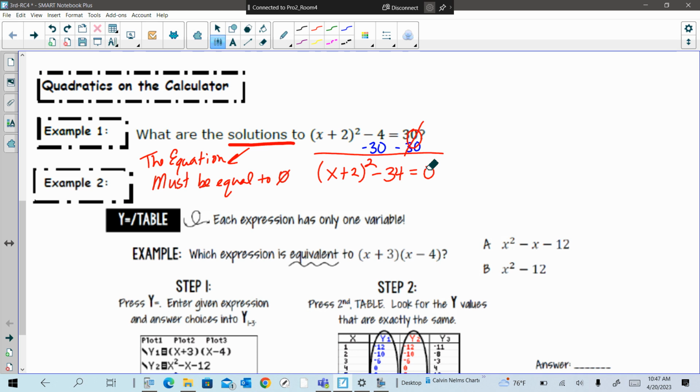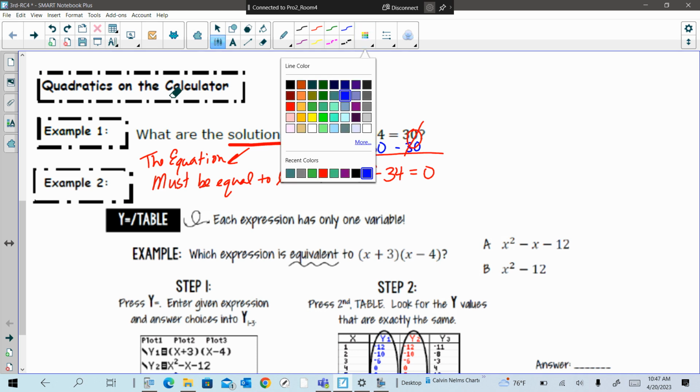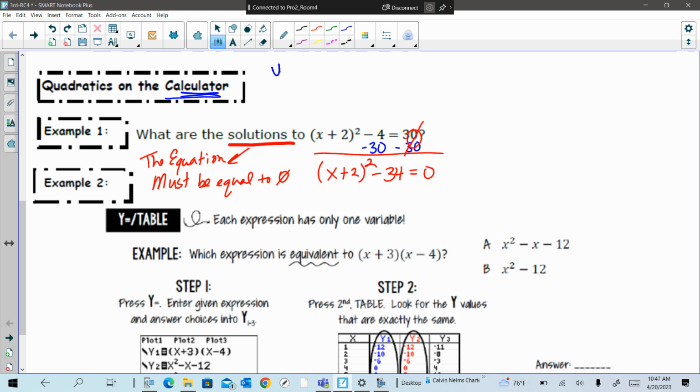So now that it's equal to 0, now I can go straight to my calculator to help me solve. When I'm using the calculator, y1 would be the equation, because wherever the 0 is, that's your y, okay? So we would put this in the calculator, (x plus 1) squared minus 34, but the y2 needs to equal 0, okay?